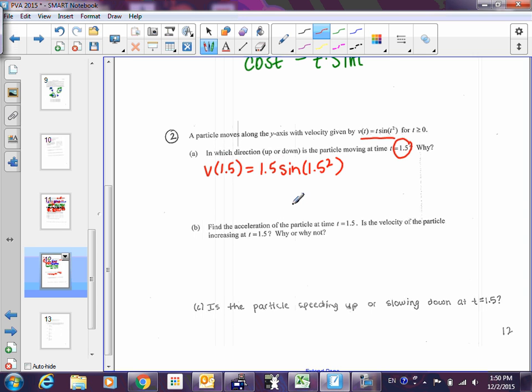All right, you cannot evaluate this without a calculator, but you actually can determine whether this thing is positive or negative. What is 1.5 as a fraction? 3/2. You square it, you get 9/4. 9/4, which is 2 1/4. 2 1/4 radians. Okay?